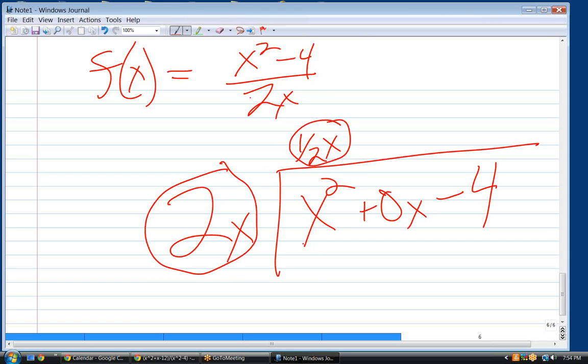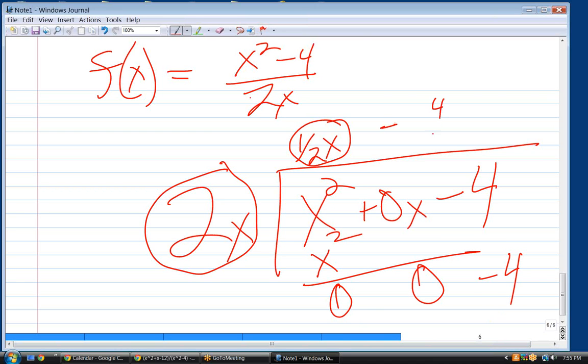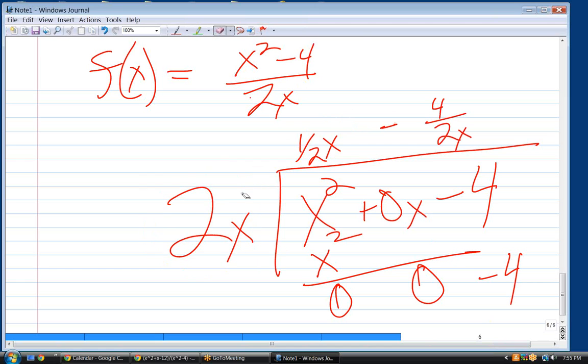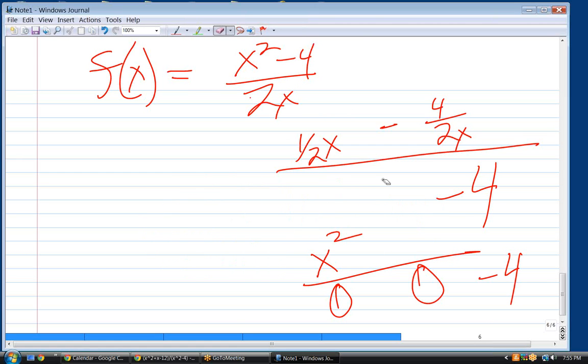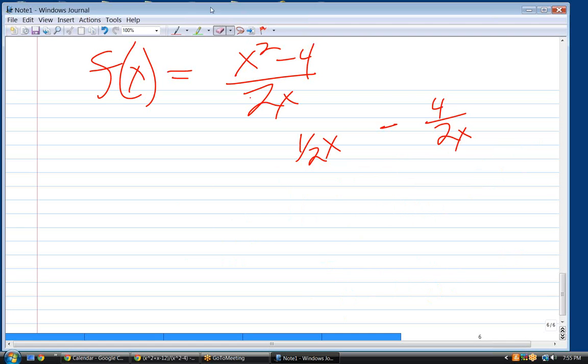In other words, now I multiply it back and I get x squared. I subtract, that's 0. Bring down the 4, that's my remainder. Minus 4 over 2x. So when you have this situation, you have an oblique asymptote.